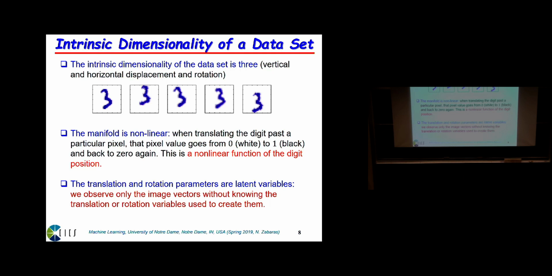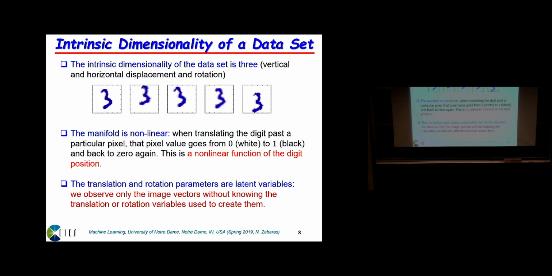Now, in the context of digits, you can have many other latent variables. For example, you can take this image and deform it, distort it. So you can actually talk about nonlinear ways of manipulating this image.